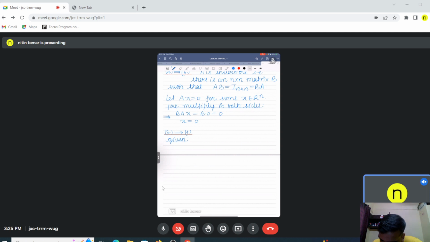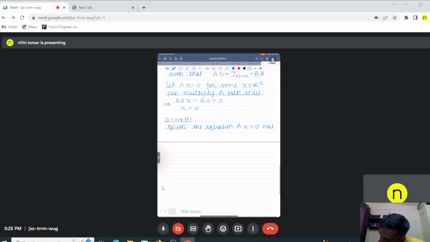Given is this fact, that the equation Ax equal to 0 has only the 0 solution, which is x is 0.